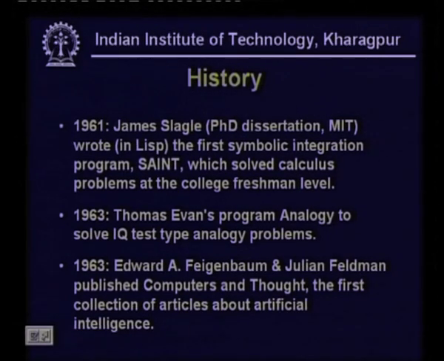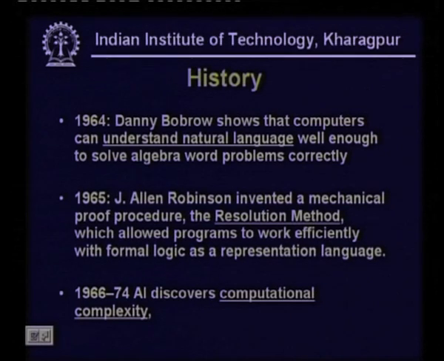In 1963, Feigenbaum and Feldman wrote a collection of important articles about AI. Then we have Danny Bobrow in 64, who worked with algebra word problems. In 1965, Alan Robinson developed the resolution method.